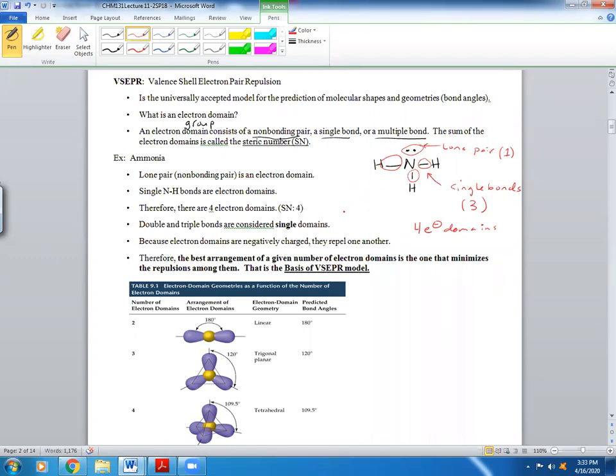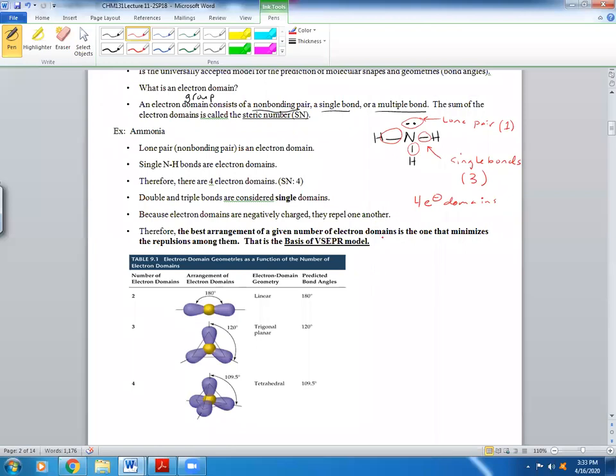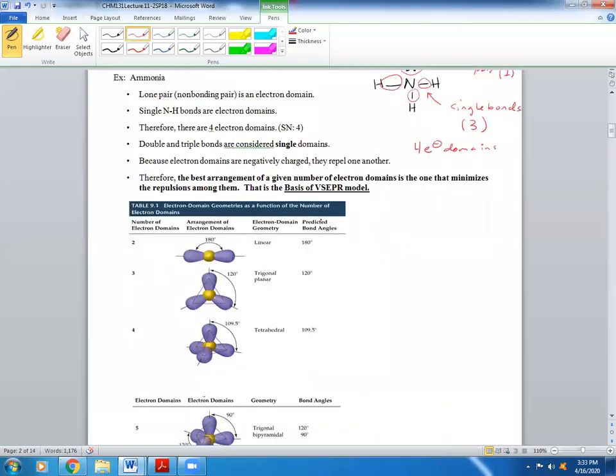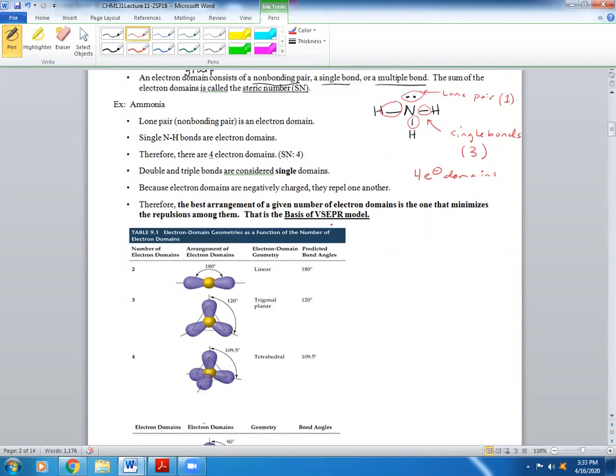Okay, so we'll get back to this, but the idea of it is, why do we get an angle to begin with? What's the point? So the reason why is because electron domains are negatively charged, so they repel one another. You know, if you have a negative and a negative, they repel each other. They don't like each other. So if they get close, they cause instability.